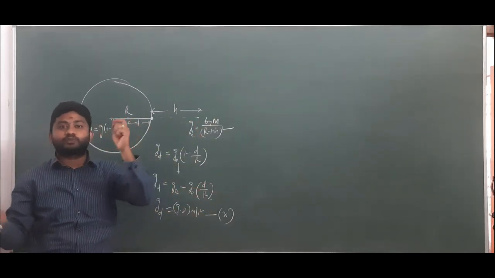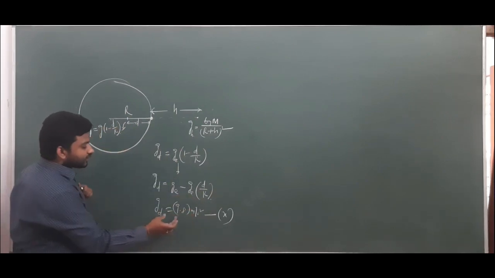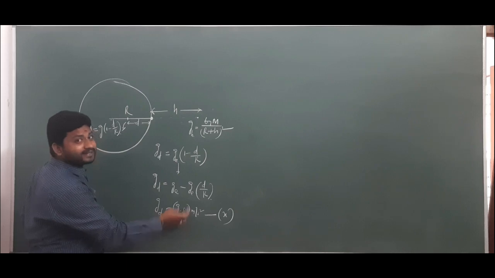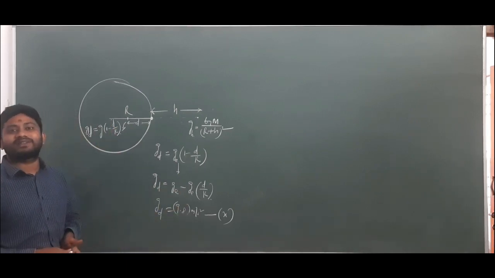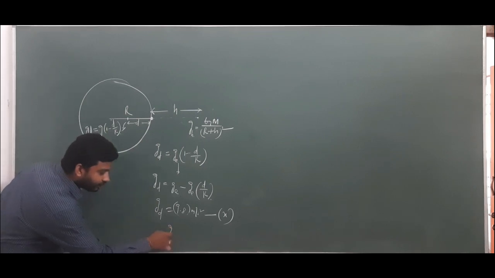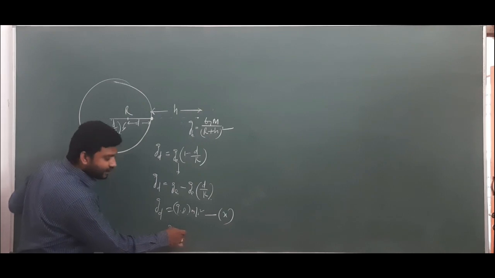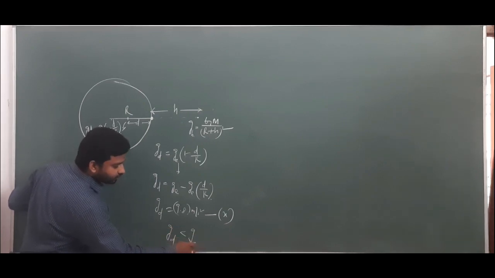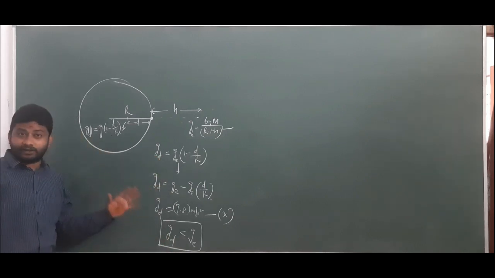So you are subtracting something from this maximum value, so this value will be less than acceleration due to gravity on the surface. So what can I write? Acceleration due to gravity at some depth will always be lesser than acceleration due to gravity on the surface of the earth. I hope it's very clear for you.